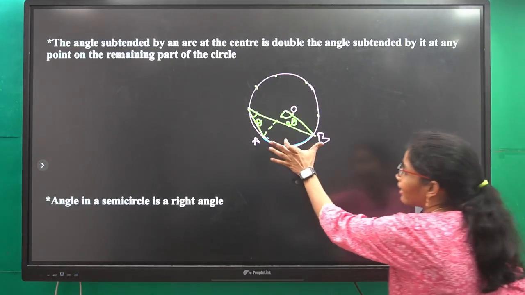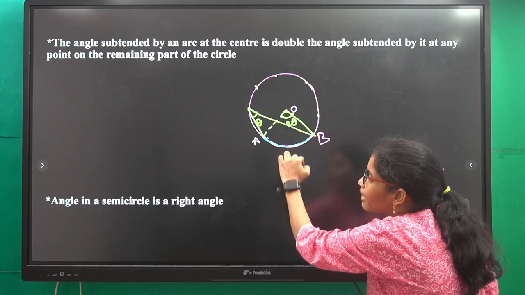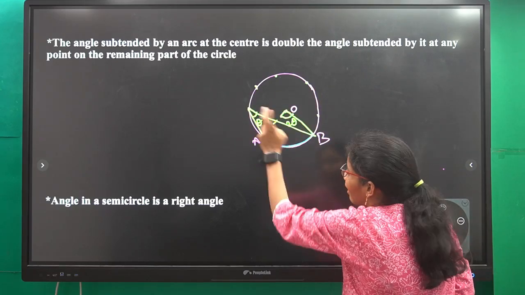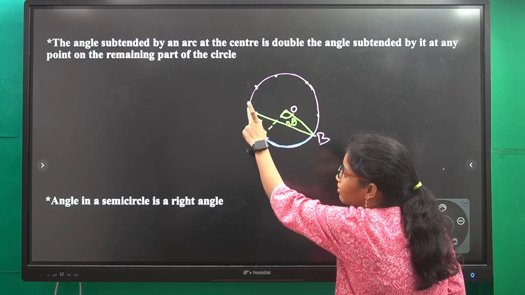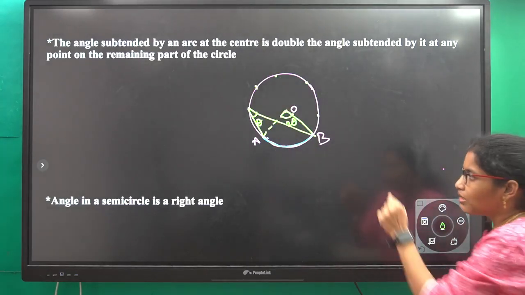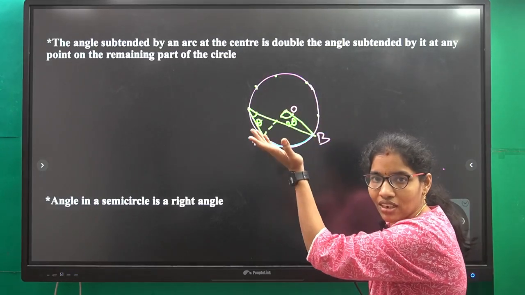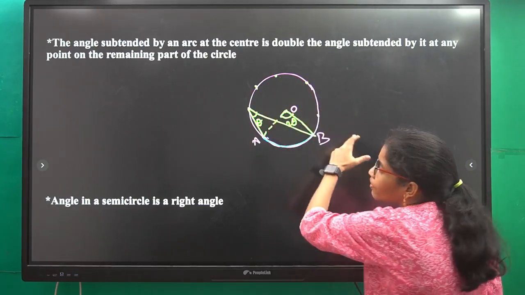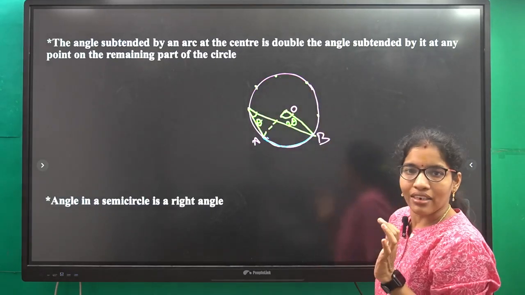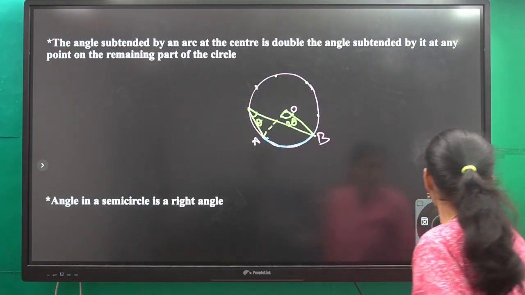Here the angle made by this arc at the center is always double the angle made by the arc at any point on the circle other than this arc. That means if the arc is a minor arc, then you can take the point on the major arc. If the arc is a major arc, then you can take the point on the minor arc. Clear this one, right? So this is a very important property.